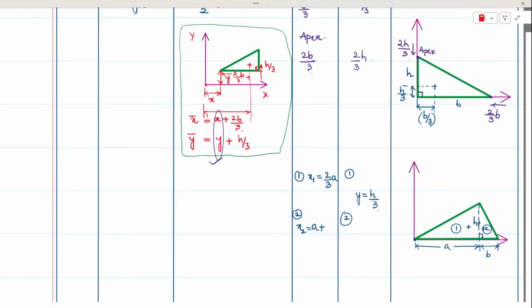Along with that, if we are facing the right angle edge, then from the right angle edge, the centroid will be located at a distance of b by 3. So we are finding the reflection of the point what we have discussed just before this.